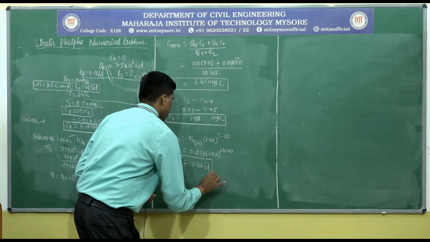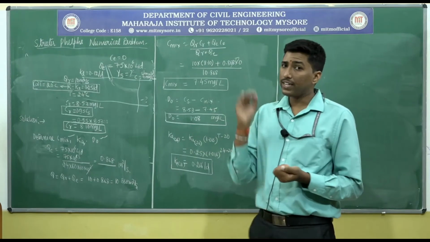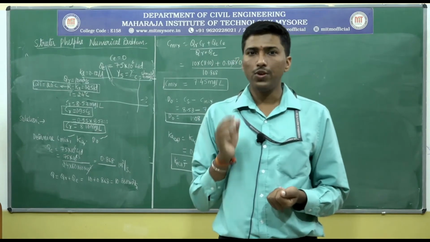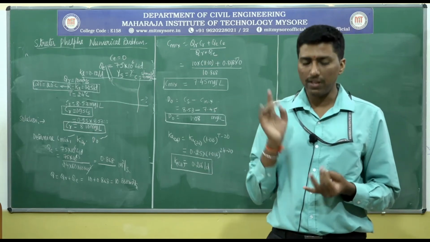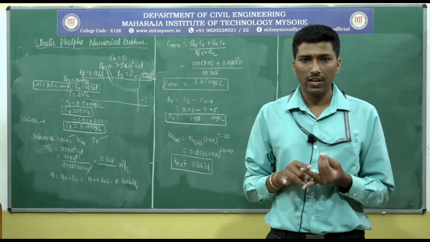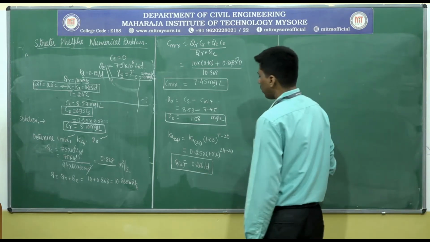It is expressed. Here, the question they have not asked to find the deficit. That means you need to get to know how the deficit takes place. That means they are asking the DC as well as the TC also. Let us get to know how to find out the DC value.